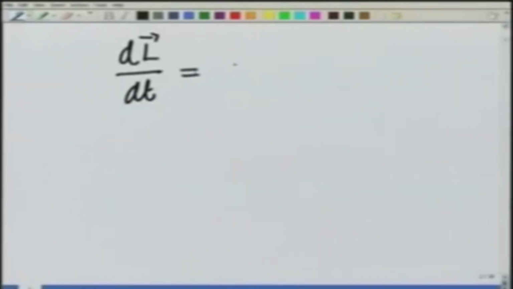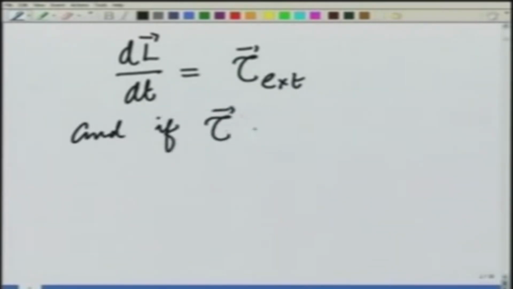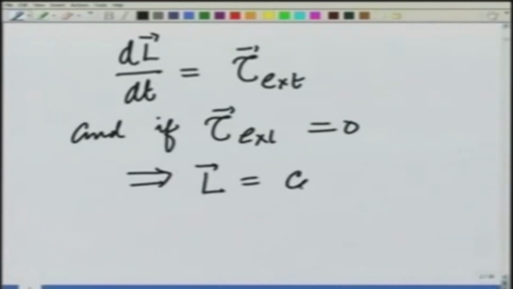We also saw that if dL/dt is equal to tau external, and if tau external is 0, this implies that L, the angular momentum, is going to be a constant.